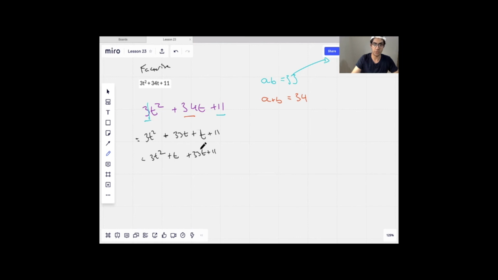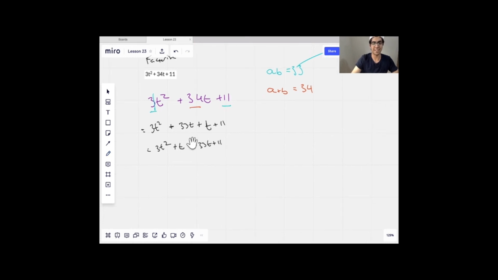Sorry, that was badly explained. My point is, since there's a factor of only 1 here, it will factorize neatly with anything, since there's 1t here. So it works both ways.